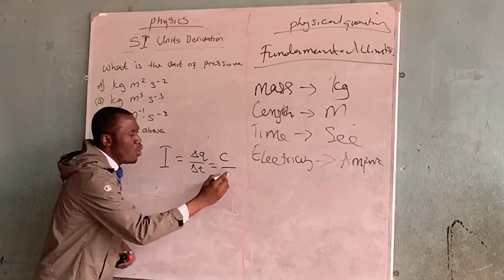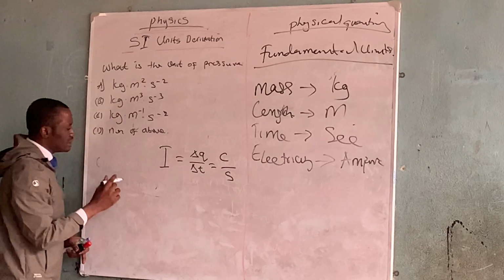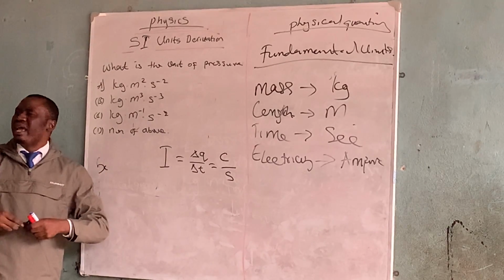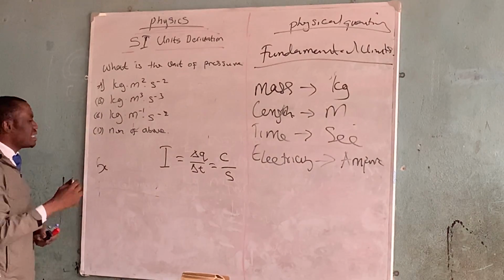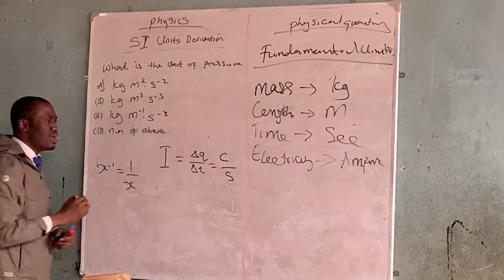Time is represented in what? Seconds. In mathematics, the rule of negative power says that if x is to the power of minus 1, it is the same thing as 1 over x.